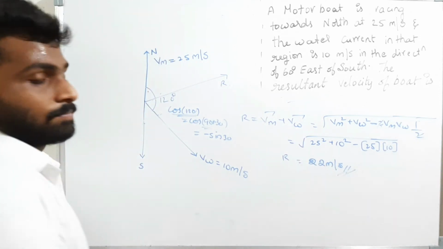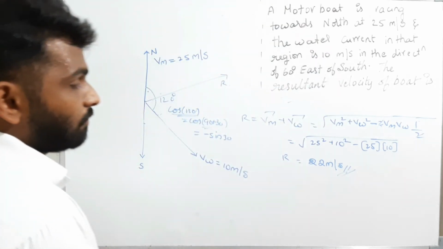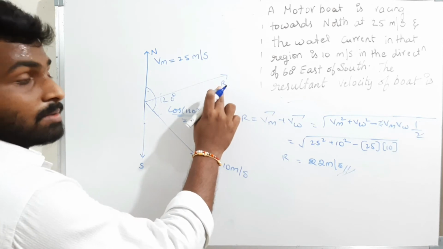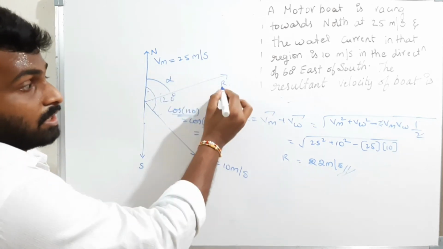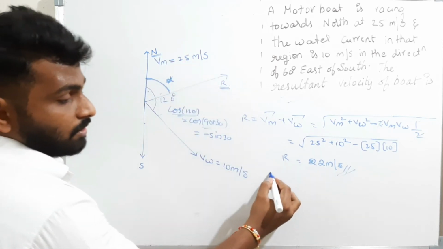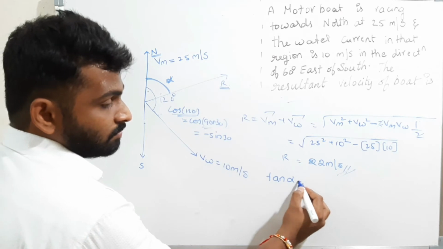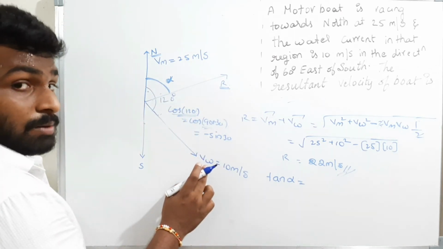Okay, now if they told to find the angle, what is the angle? Assume the resultant is making some angle alpha with the north. Now tan alpha is equal to, if I want to find this alpha, I have to use Vw first.